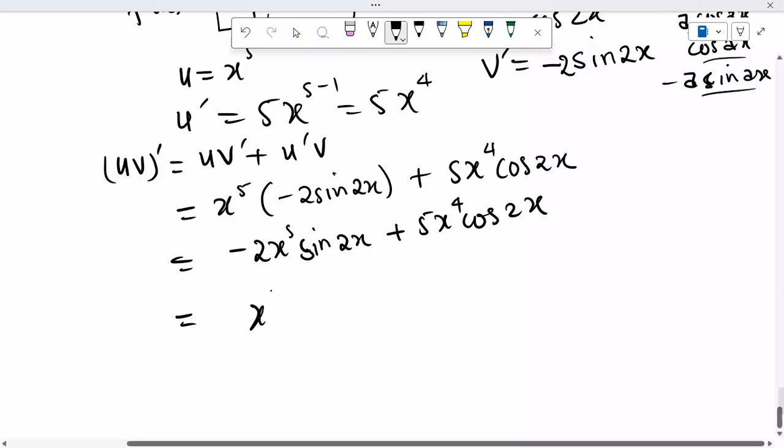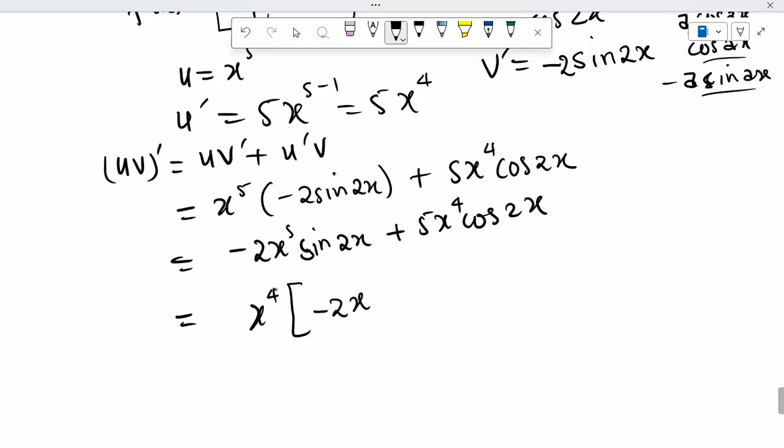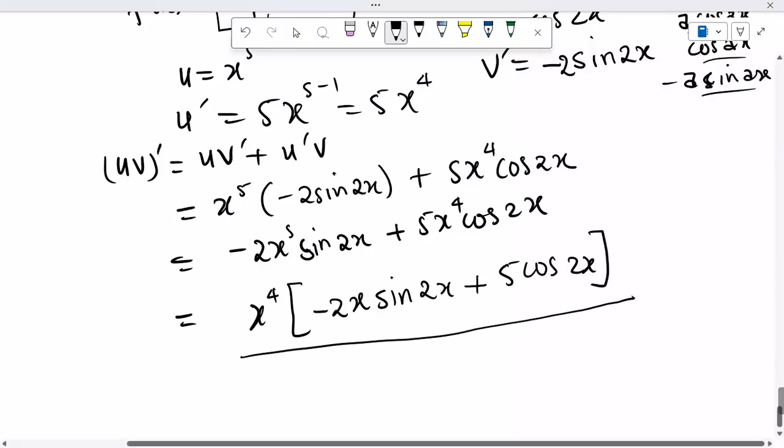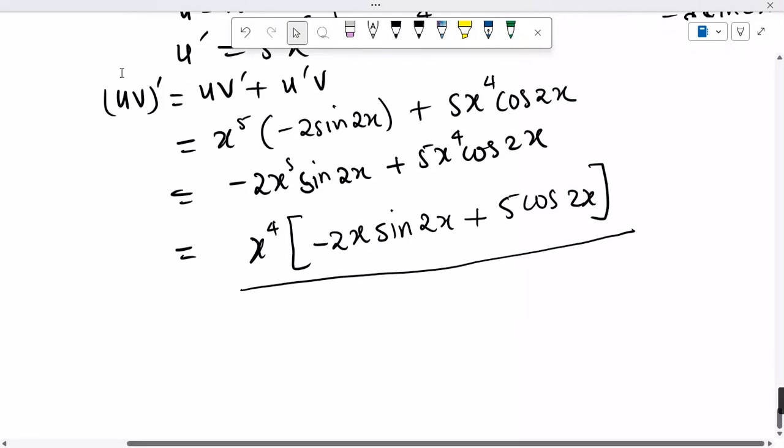So we can say x to the power 4 times, here what will remain is negative 2x, because x to the power 4 multiplied by x will be x to the power 5, sine 2x plus 5 cos 2x. Just like this. So this is your answer. That is number 1.